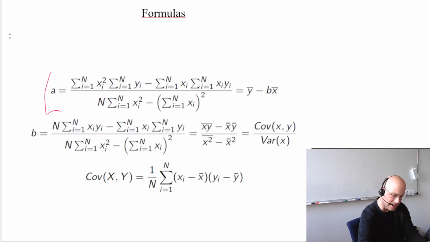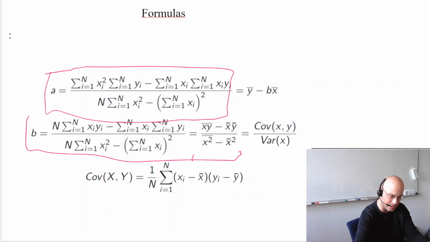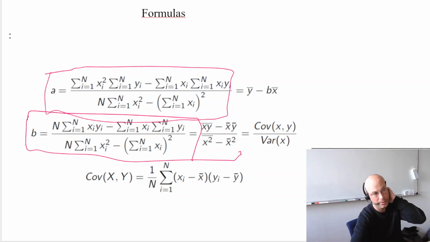This large formula here is your solution for the point on the vertical axis, and this is your solution for the slope of your regression line.